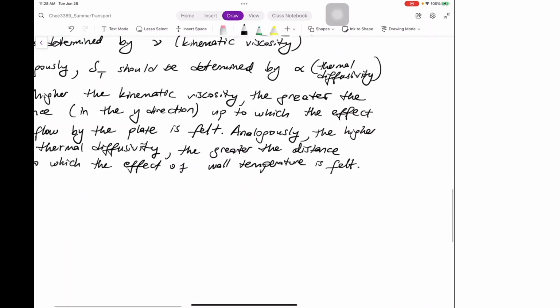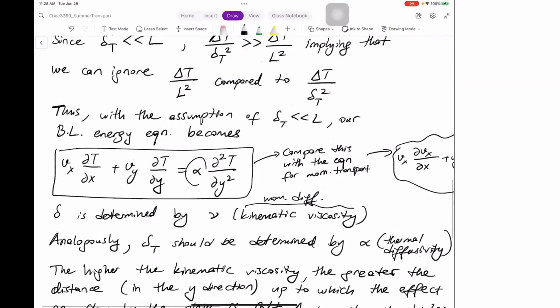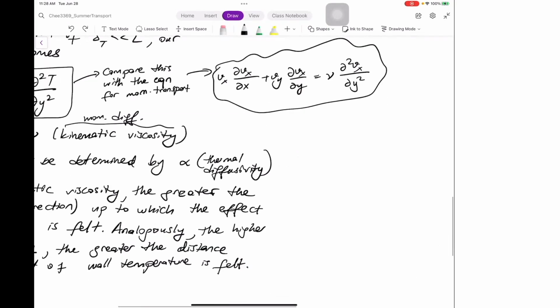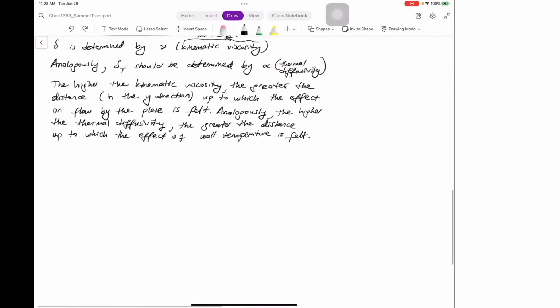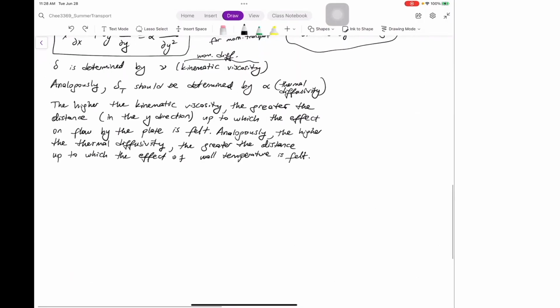But let's just go with the analogy for the time being. And this way, have a look at this: alpha is analogous to nu, right? Whatever delta is to nu, delta t is to alpha.